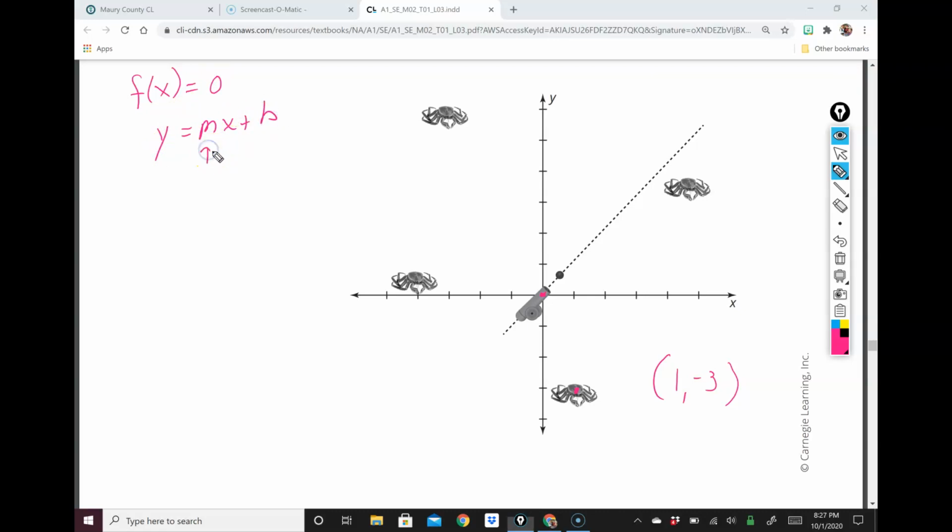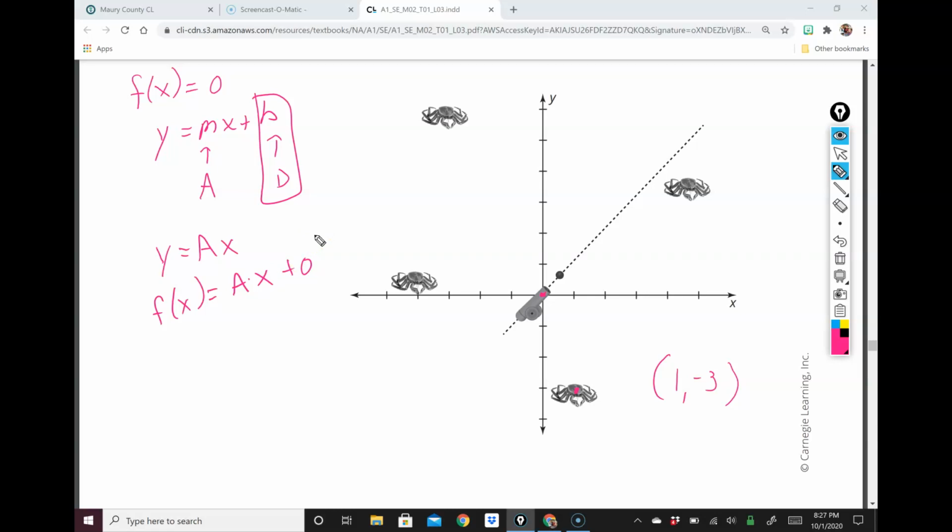They're saying that m is your a and b is your d. So I know that this is going to stay at the origin. It could move, but I'm going to say that it stays at the origin. So I've got y equals ax, or f of x equals a times x plus 0. So I know that d is 0.